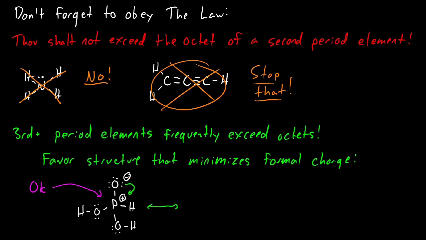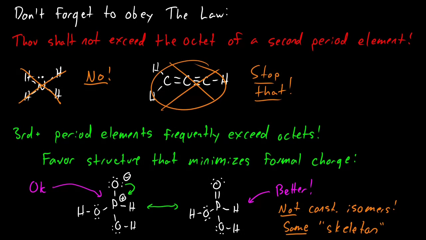By sharing a pair of electrons between oxygen and phosphorus, we can get an expanded octet species which has no overall formal charge. We will generally consider that to be better. Don't forget to go check in your general chemistry books for examples of this to see when and why we might want to do it.